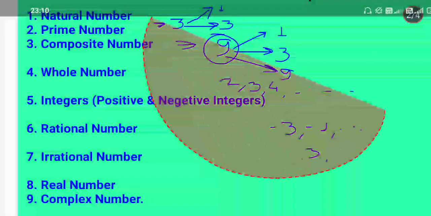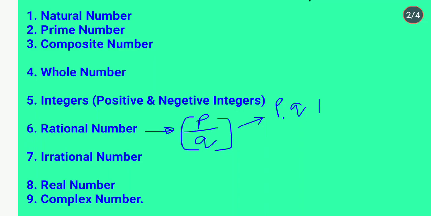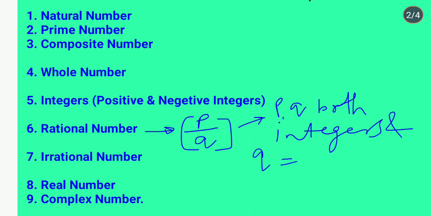Rational numbers are those numbers which can be denoted in the form of p by q, where p and q both are integers and q is not equal to 0.